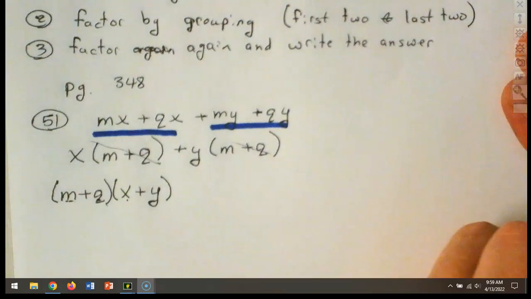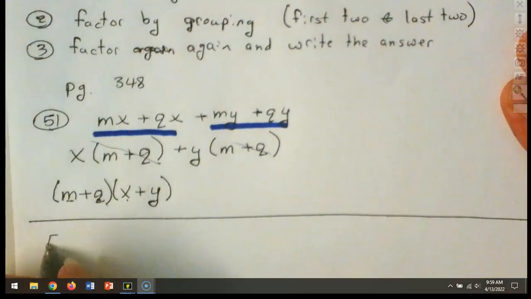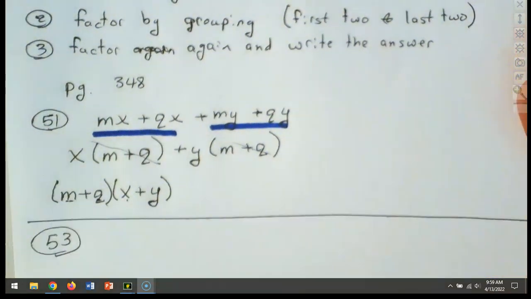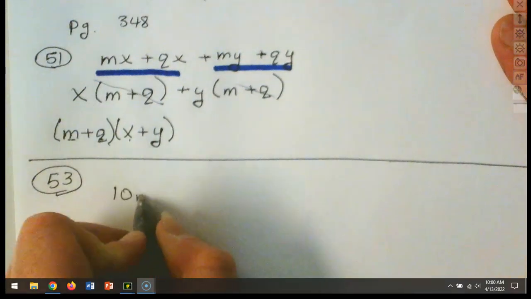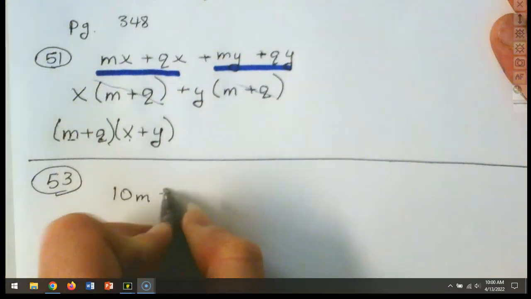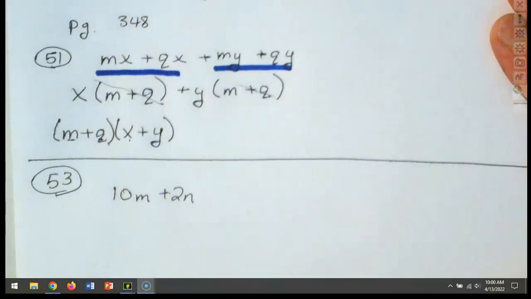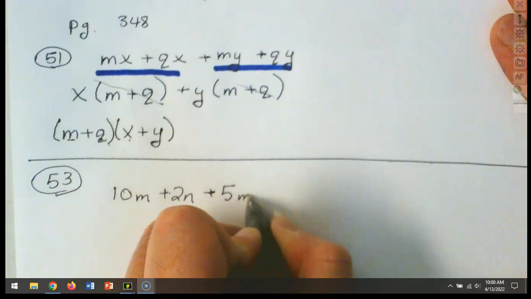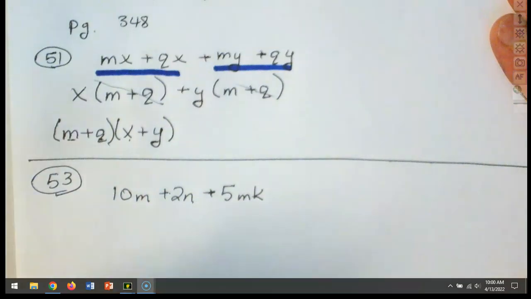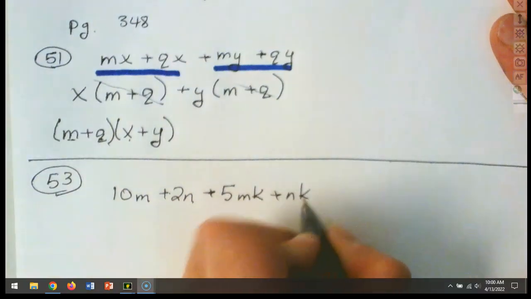53. A little bit different, but again, pretty much the same. So 53 is 10M plus 2N plus 5mk plus nk.